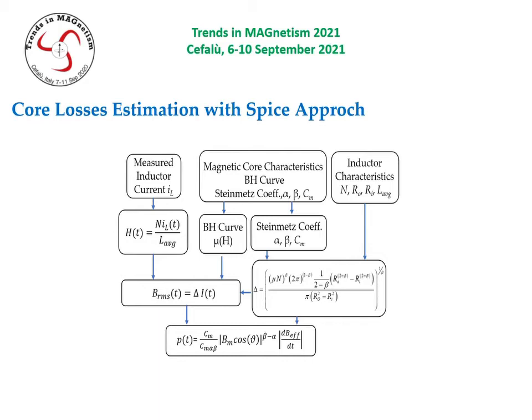Starting from the Steinmetz coefficients and the first permeability curve, we were able to compute the effective magnetic flux density. This information was then used in order to estimate the time domain core losses, and making an average over a period, we were able to estimate the average core losses.